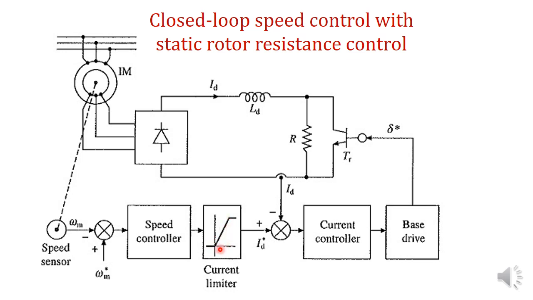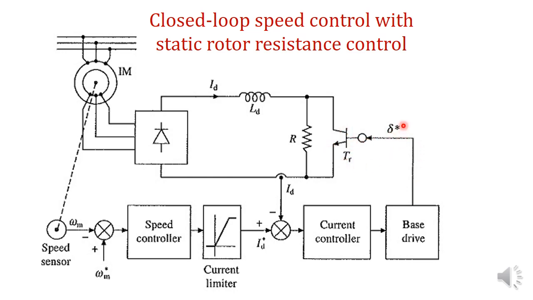The output of the current limiter is the current command ID star, and it is compared with the actual DC link current ID, and the error signal is given to the current controller. The output of the current controller is given to the base drive. Base drive will generate the gating signal for the switch or transistor TR.